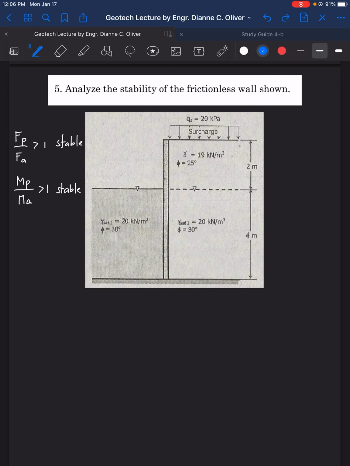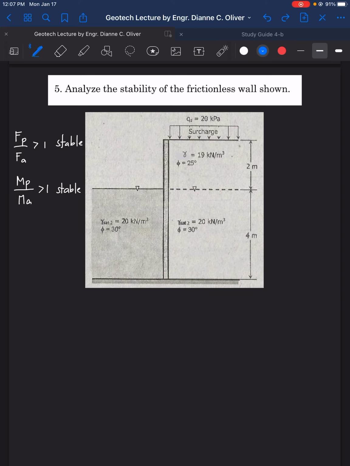And then on the left side, the backfill, the soil that tends to stabilize the structure, we have gamma sat because it's also experiencing the effect of water. So there's a water table on the left side. So 20 kilonewton per cubic meter, and angle of internal friction of 30 degrees. Okay, so meaning this is the same soil.